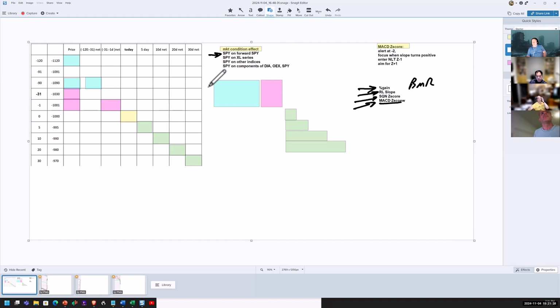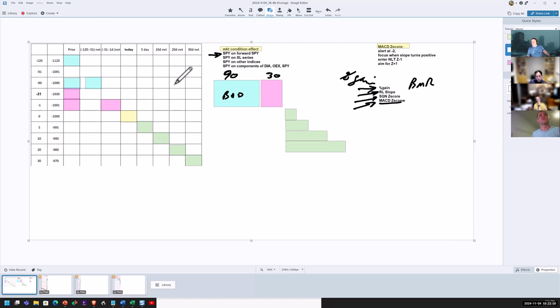So I'm going to talk about percent gain first. What I'm looking for is a 90-day period that was bad, and then a 30-day period that was good.